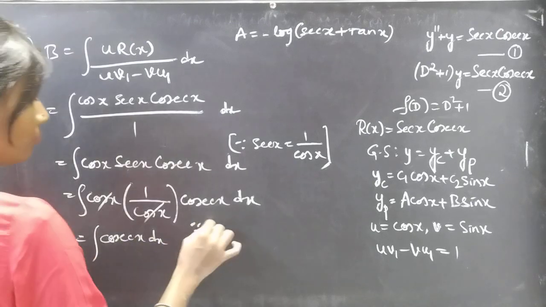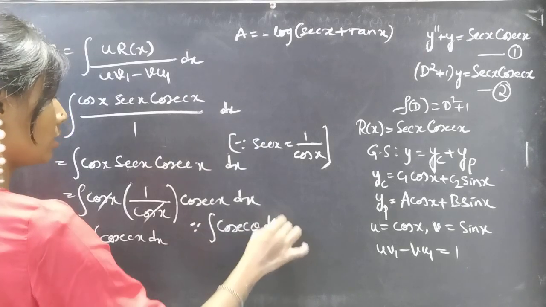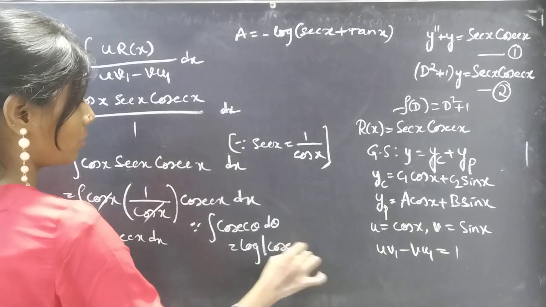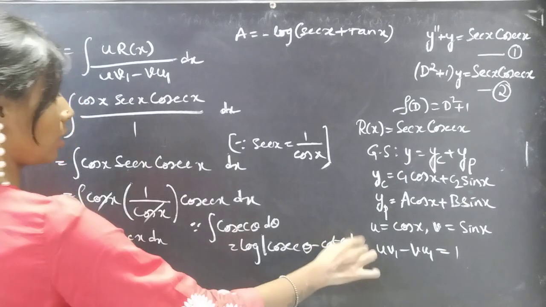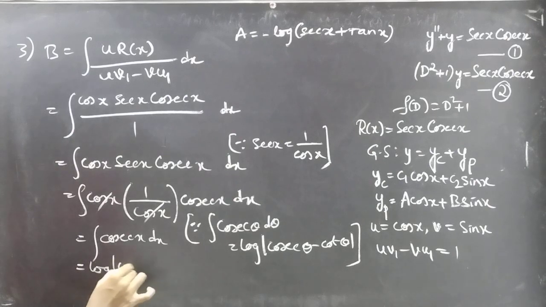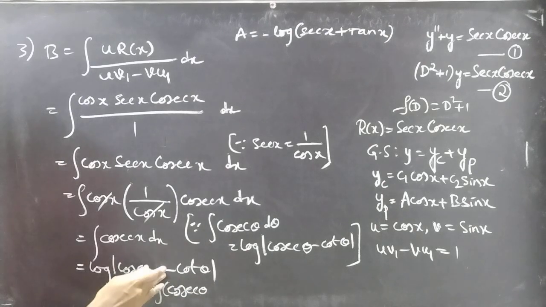Since we know that the integral of cosecant theta d theta equals log mod cosecant theta minus cot theta, we get b equals log of cosecant x minus cot x, it's x, right, not theta.